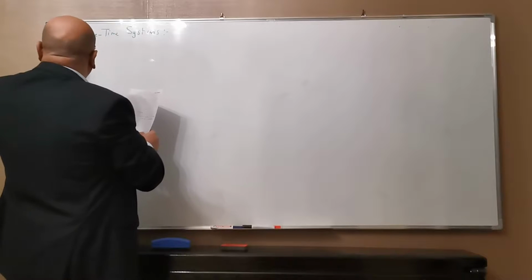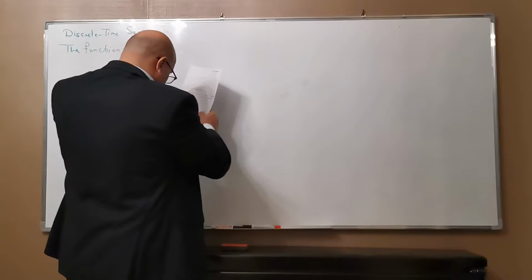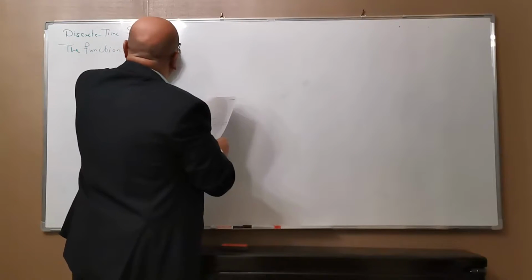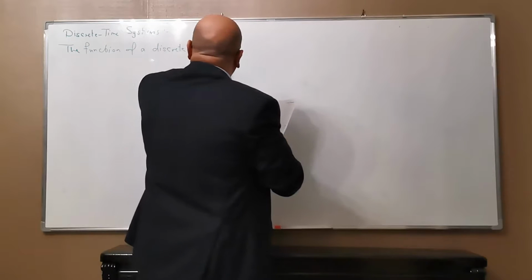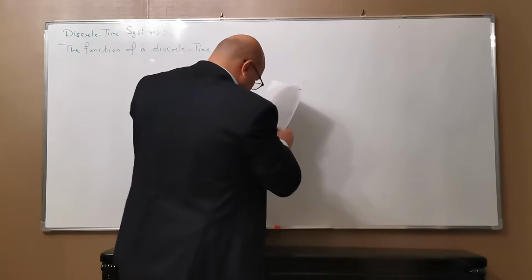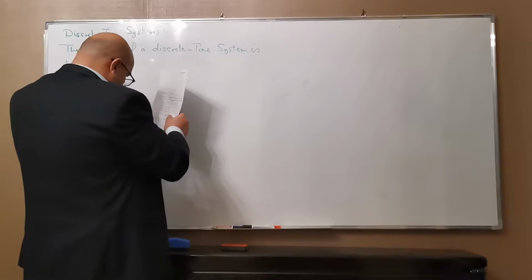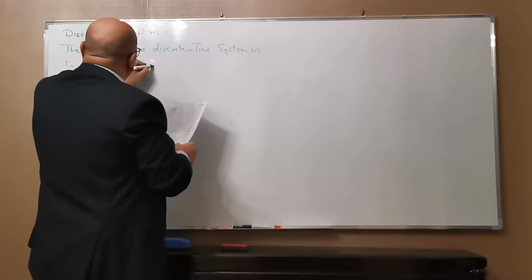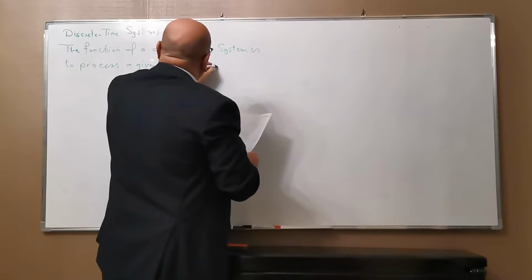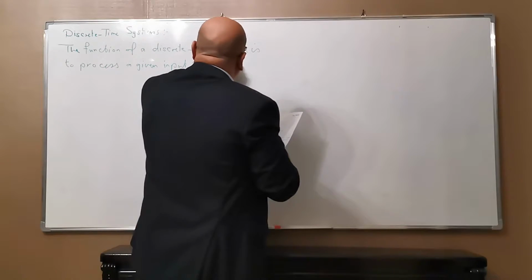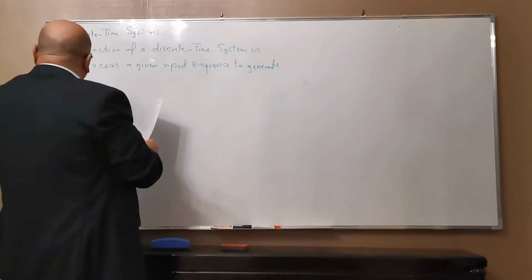The function of a discrete time system is to process a given input sequence to generate an output sequence.